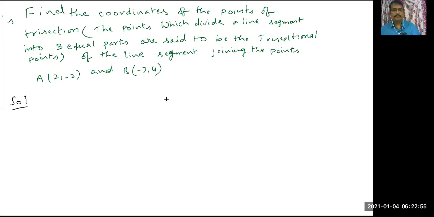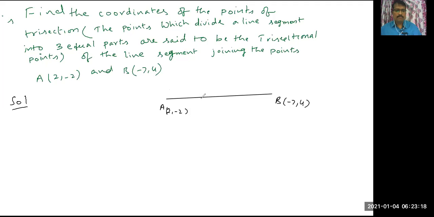So if this is a line segment, first, let the given points be A (2, -2) and B (-7, 4). Am I audible?